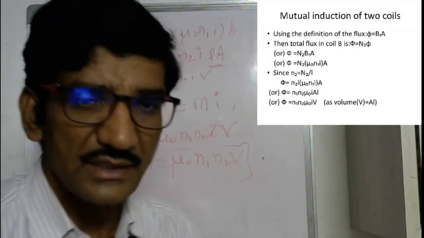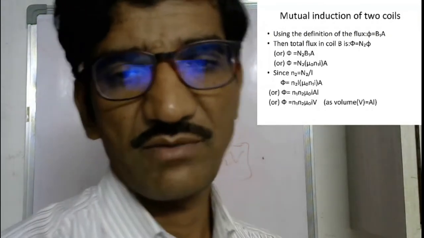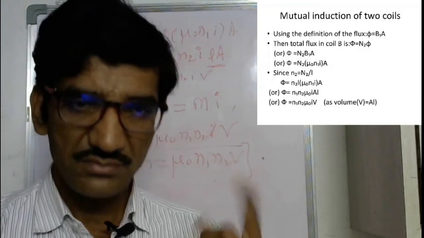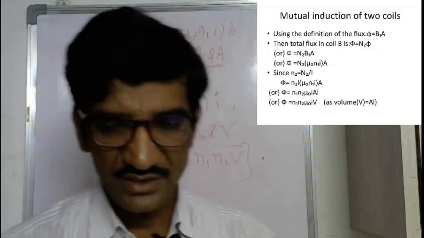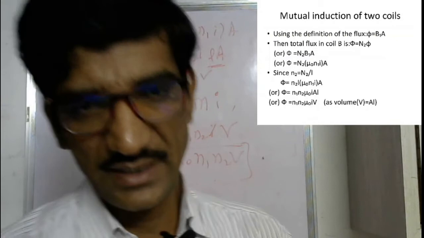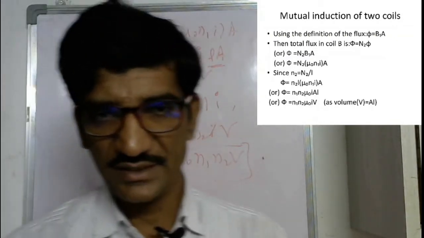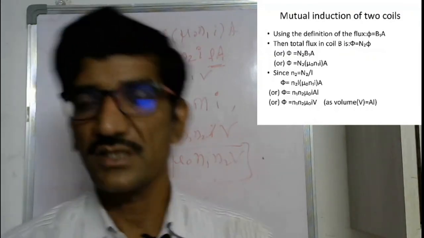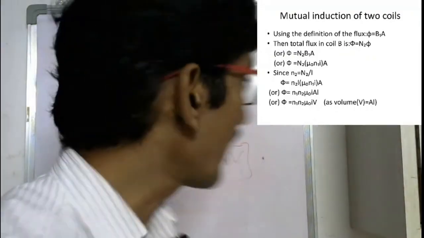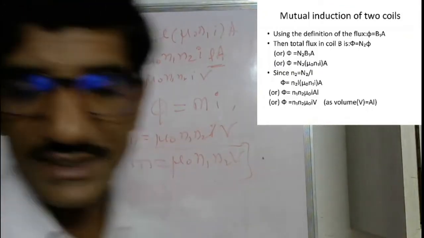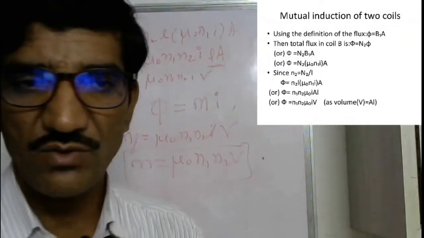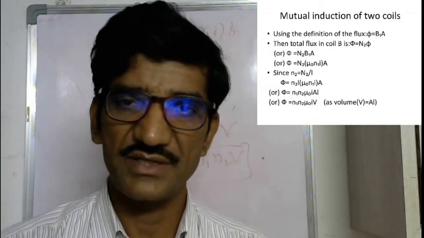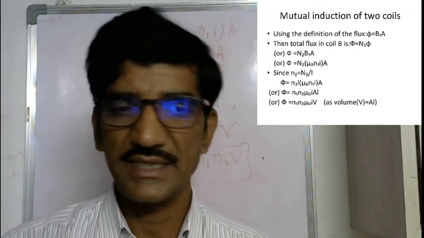In case of ordinary induction or self-induction, it depends on the geometry of that one coil. But in case of mutual induction, it is the combined characteristic of two coils. That's why it depends upon the shape and size of the two coils. That's why you have N1 and N2 here. This is what the similarities and the differences are between self-induction and mutual induction.